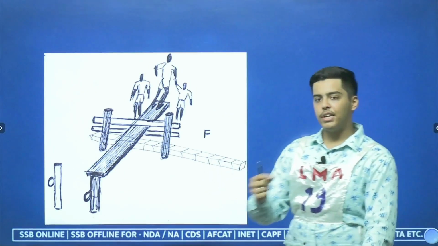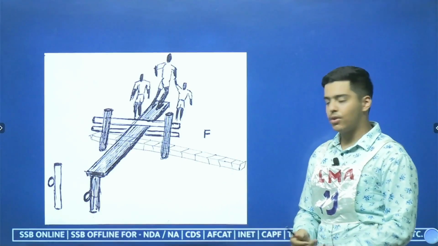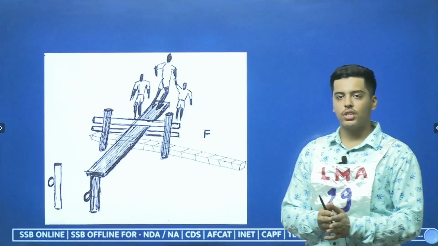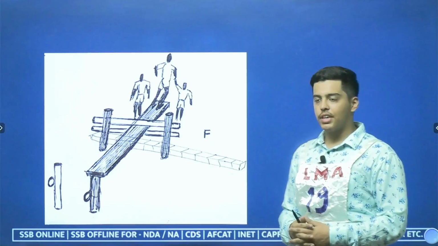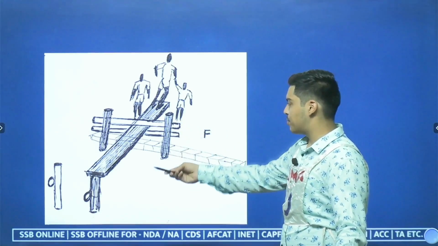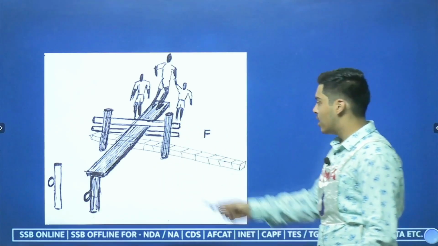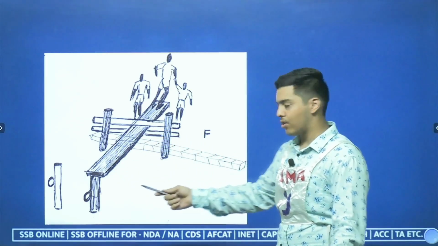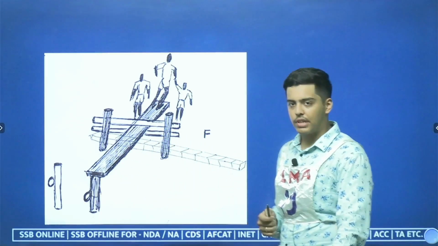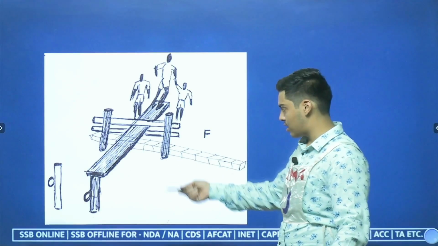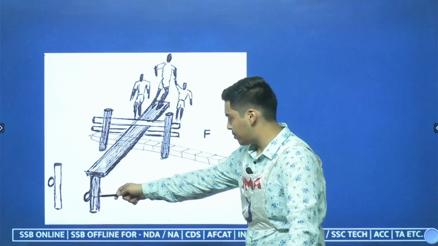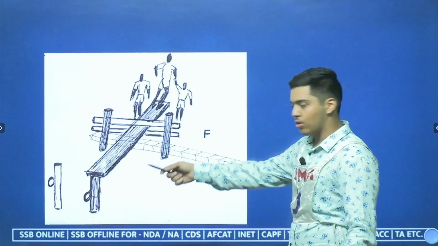A last thing that I want to tell you all: because we have to take the plank with us, these resources in an actual mission cannot be left behind. So this also speaks about the resourcefulness of the group. We cannot leave this plank behind and also the iron rod. So the last member that will pass through the task will take out this iron rod from between the iron rings and also pick up the plank.